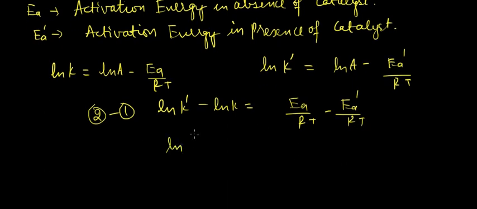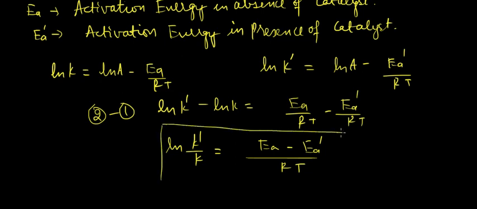So we can write ln k dash upon k is equal to EA minus EA dash upon RT. From here we can calculate the ratio in which we get more rate of reaction in presence of catalyst.